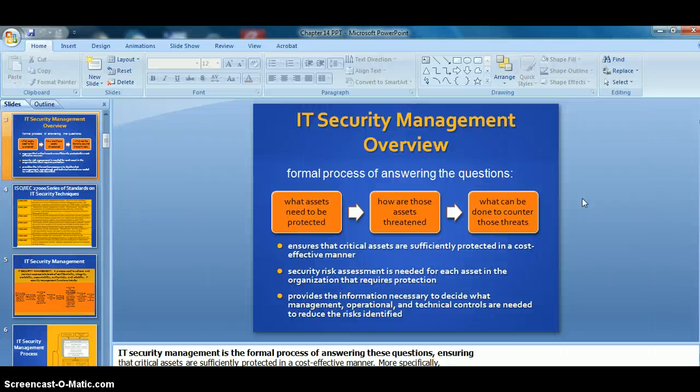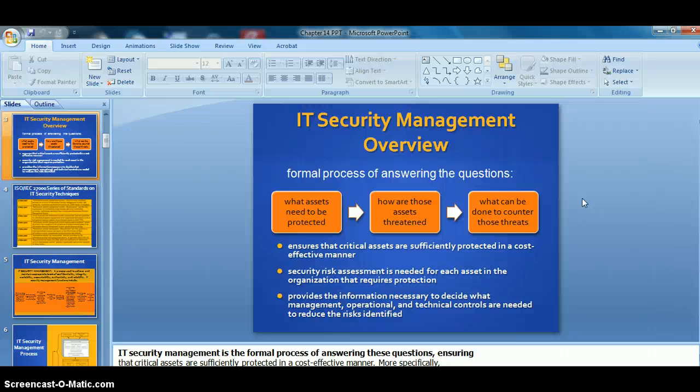When we talk about this terminology in our organization, assets are anything that has value to the organization. Threats: a potential cause of an unwanted incident which may result in harm to a system or organization. Vulnerability: a weakness in an asset or group of assets which can be exploited by threats.